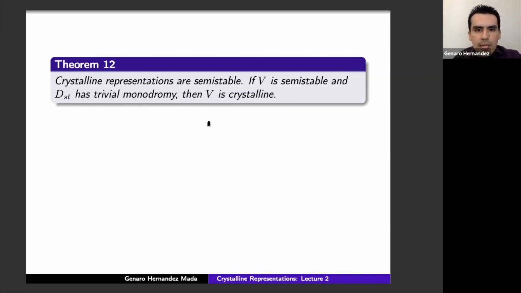We have a variety over K that I'm going to denote X_K, over Spec of K, with a semi-stable model. So what is that?